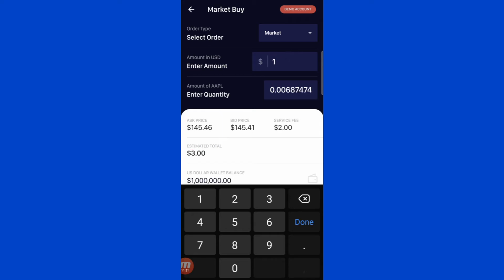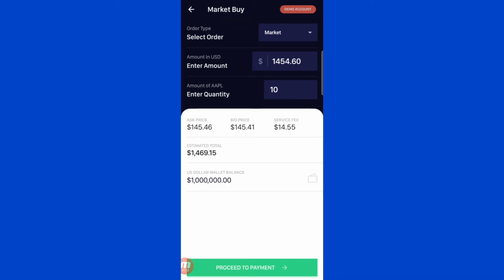So let's just click on 1450 here, which is approximately 10 shares, right? Or we can actually just go here and enter quantity ourselves if we want exactly 10 shares, right? That gives us the amount here, and you can just go ahead and click on proceed to payment.